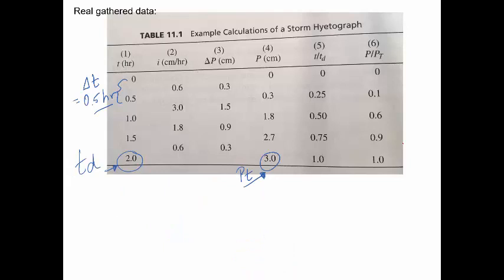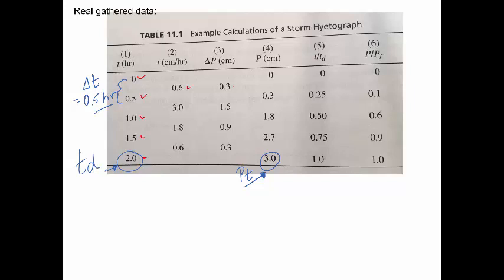So these are examples of calculations for a storm hyetograph. So you're checking at different times what is the intensity, or if you're checking precipitation, then you have to divide the precipitation by the interval of time.